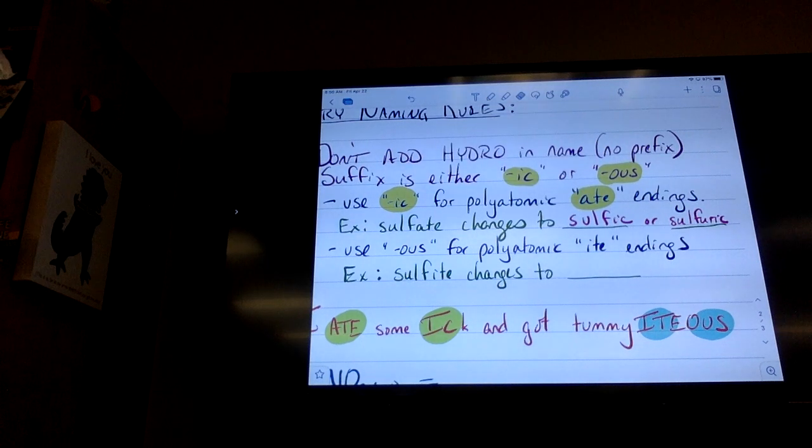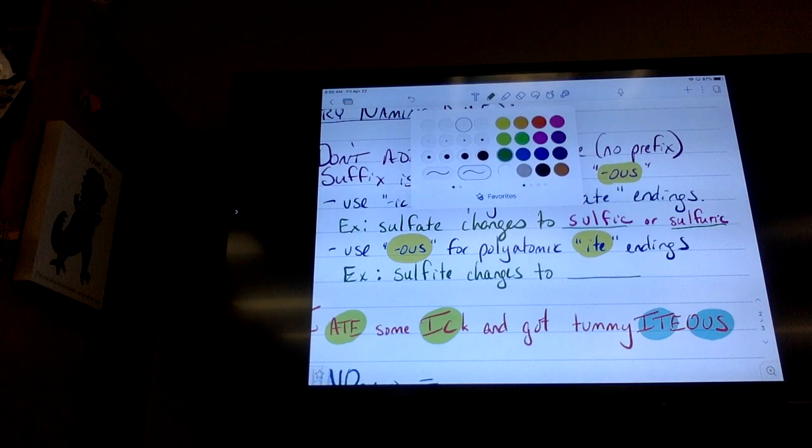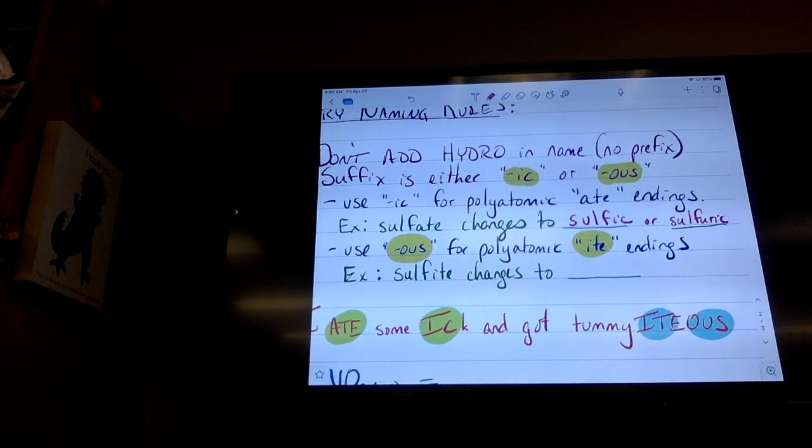Now we have ous and ite. So sulfite is going to change to sulfus or sulfurous. Either one is fine.